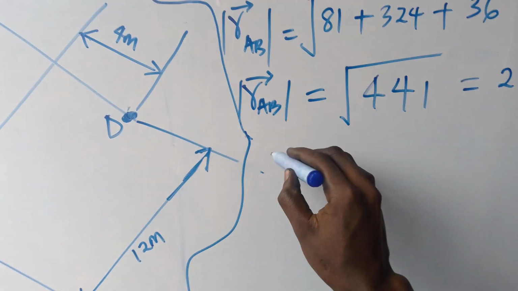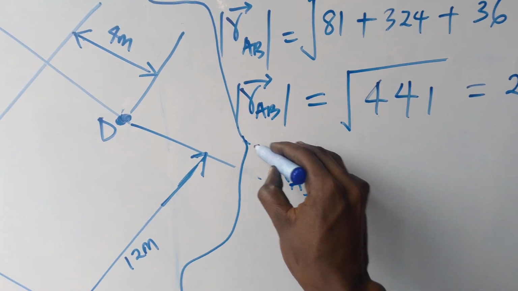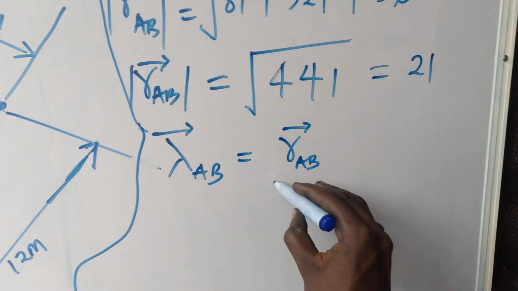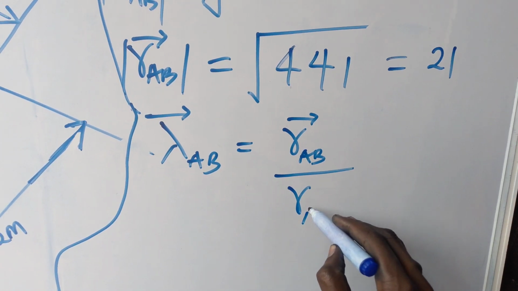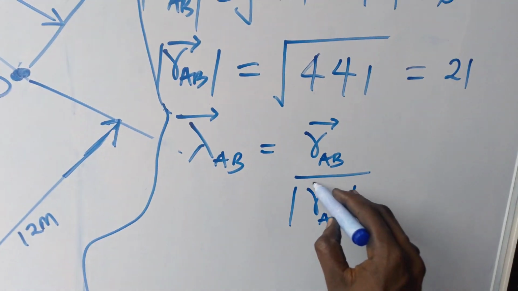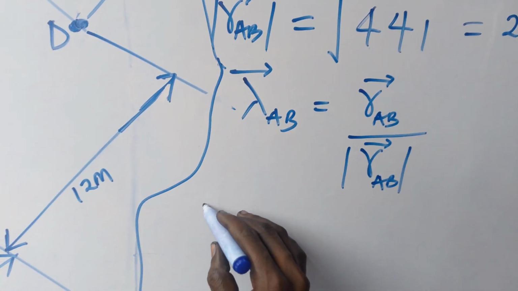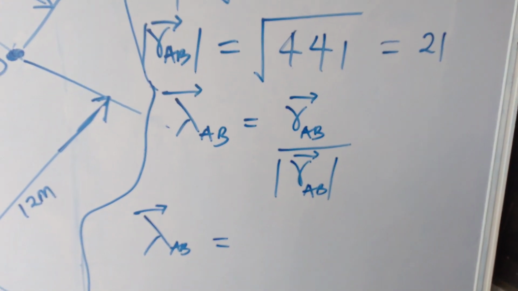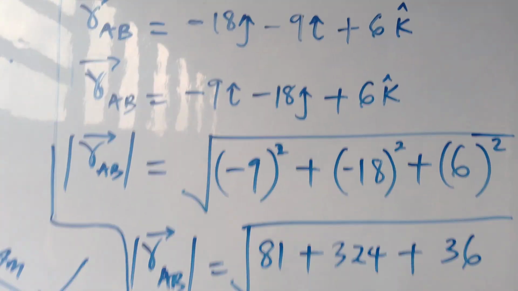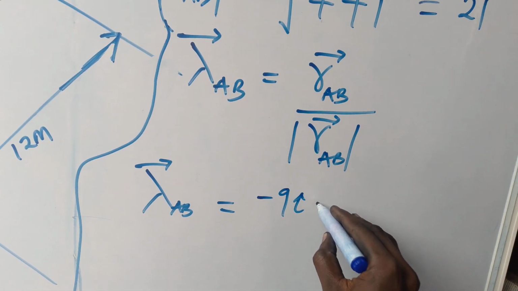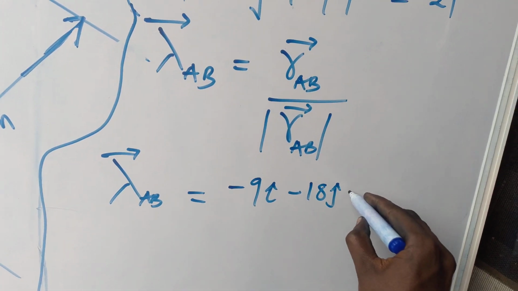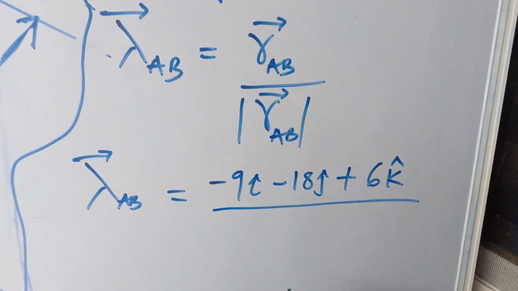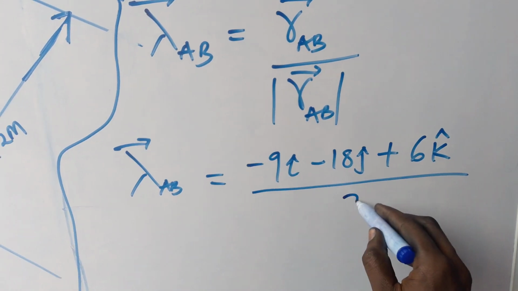Modulus is 21. Now the unit vector lambda AB will be equal to the position vector divided by the modulus. So unit vector lambda AB will be equal to the position vector, taking down this value, minus 9I minus 18J plus 6K, divided by the modulus, 21.